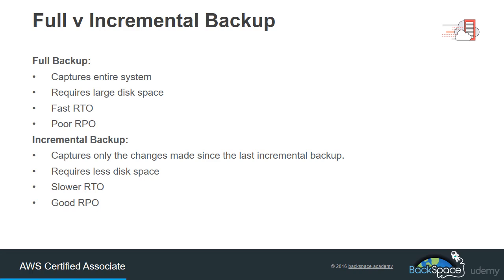The downside is that it will take longer to restore from a backup, because our system will need to piece together all of these incremental changes that have occurred to make one recovered data set. But it does enable us to achieve a good recovery point objective. So the data, because we're capturing that on a regular basis, will not be that old.